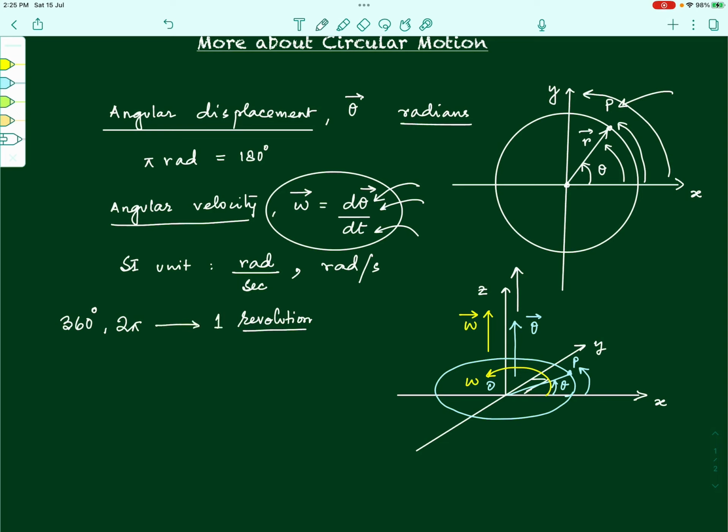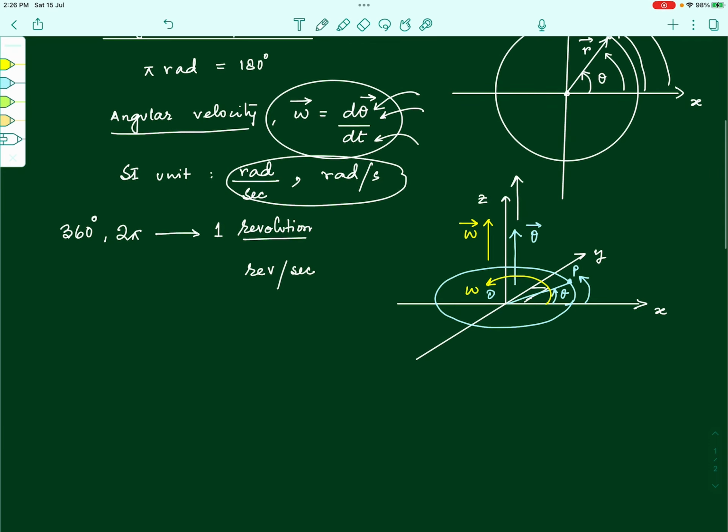So, when we talk about angular velocity, then it could be a number of revolutions per second. So, that is another unit for angular velocity, revolutions per second or per minute, or whatever way the body is moving, right? Then degrees per second can also be another unit, but when we talk about SI unit, it is radians per second. The next quantity is angular acceleration.